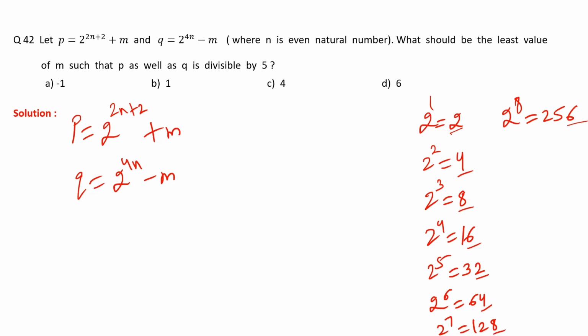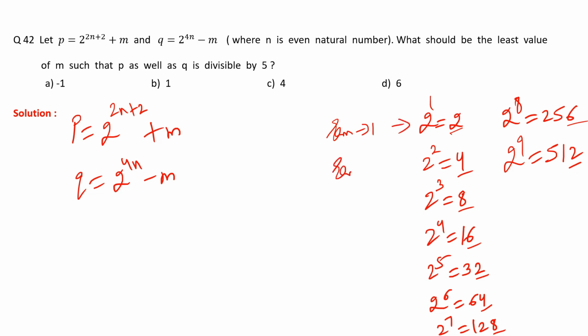Right? Now similarly, when I write 2 to the power 9, it is 512. So 2 again comes. Now what will be the last digit of the power of 2? That actually depends on that power. When you divide that power by 4, if the remainder is 1, notice my point, if the remainder is 1, then the last digit will be 2.